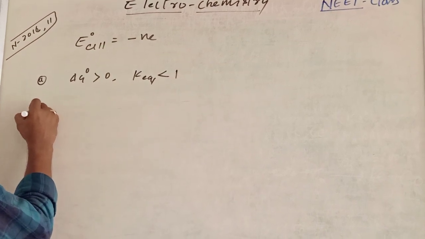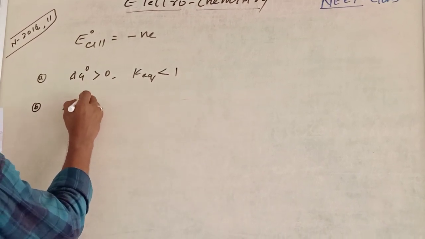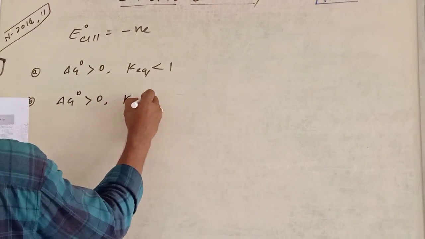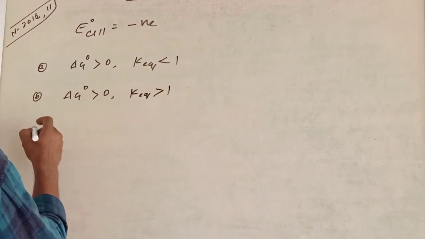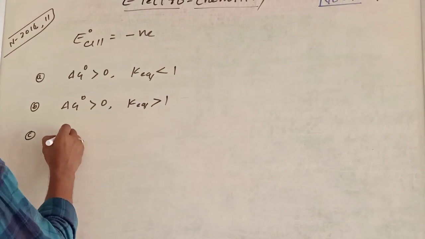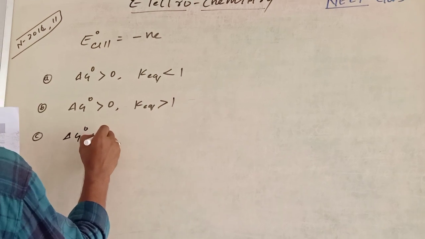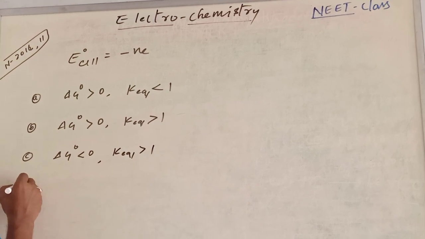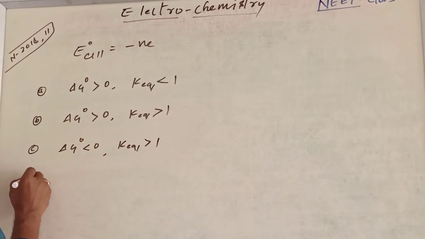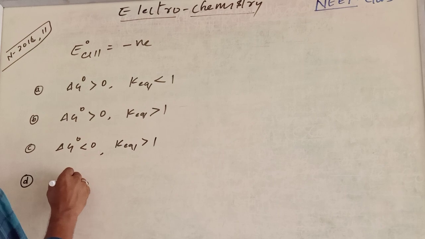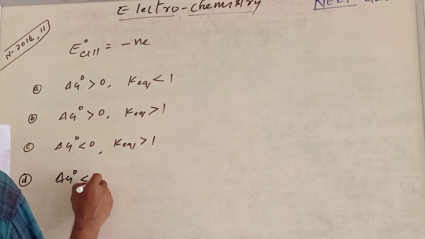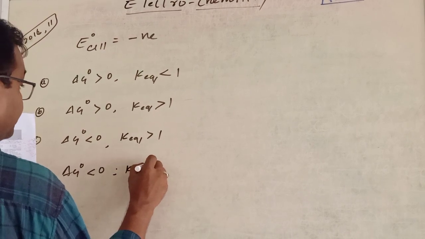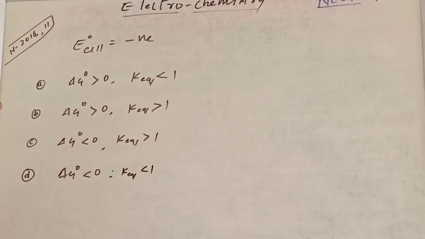In option B, delta G naught is more than 0 and K equilibrium is more than 1. In option C, delta G naught is less than 0 and K equilibrium is more than 1. In option D, delta G naught is less than 0 and K equilibrium is less than 1. So these are the options.